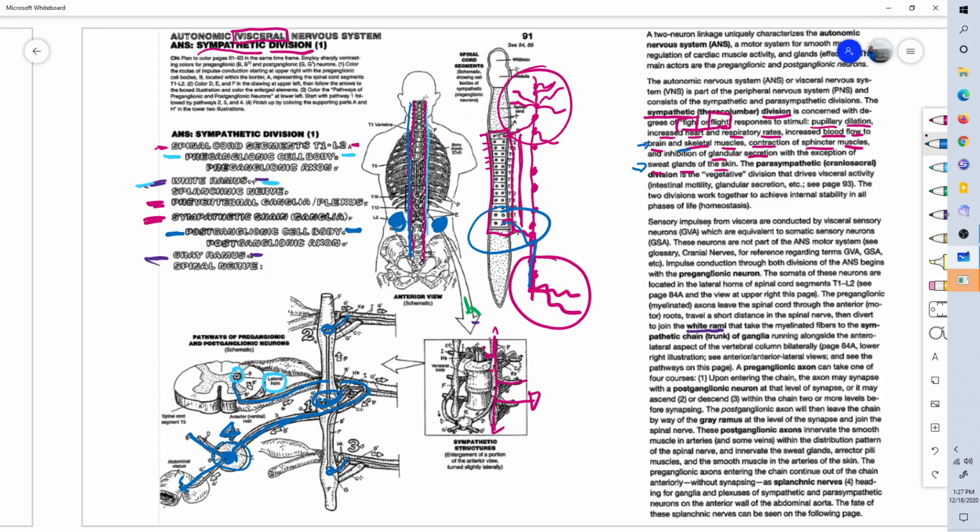These are called splanchnic nerves. The splanchnic nerve. Here it is right here. The splanchnic nerve is outside of the sympathetic chain ganglia, the prevertebral ganglia.